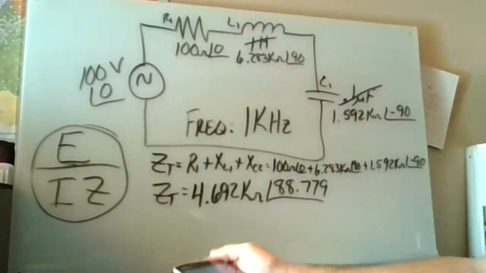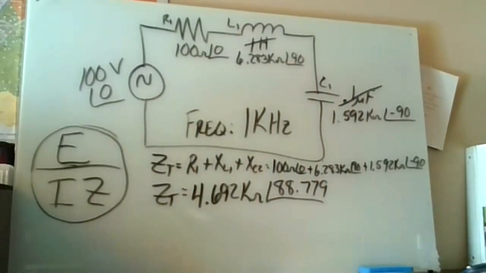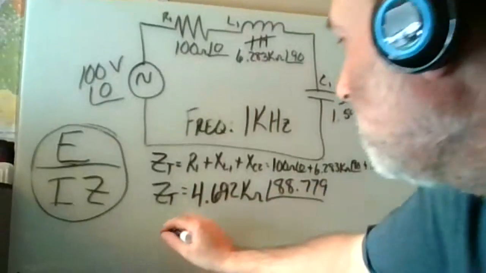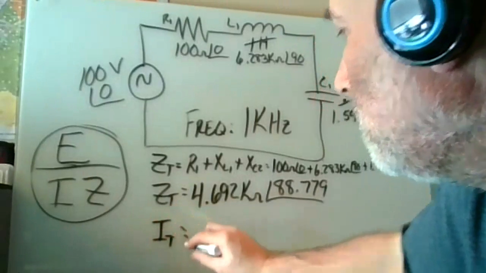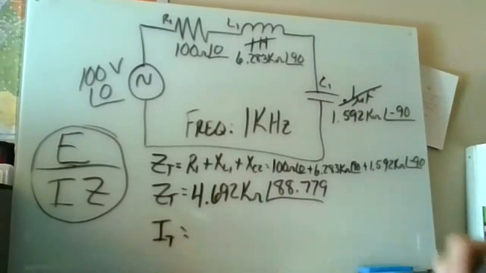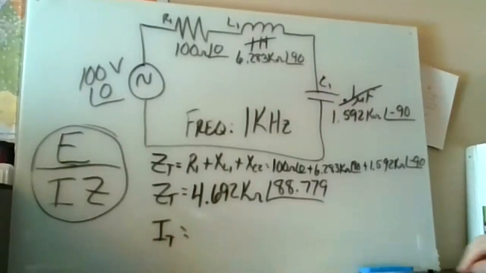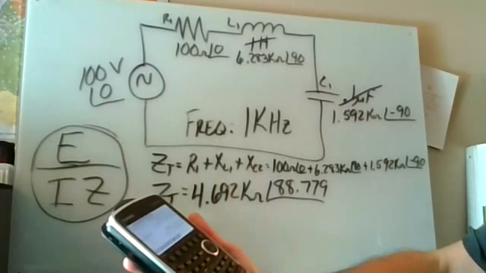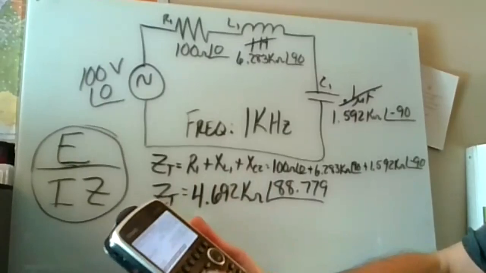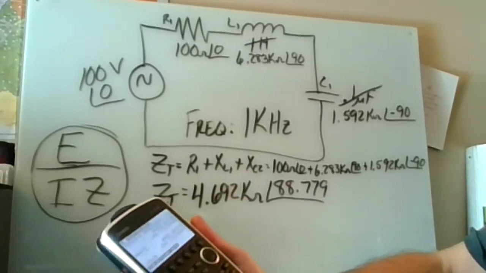And the reason I told you to do that is because that's going to make it easier for you, because now we're going to find I total. Well, we know I total is what? E total divided by Z total. Okay, so what's my E total? 100 at an angle 0. So I'm going to type 100, shift, angle, 0.